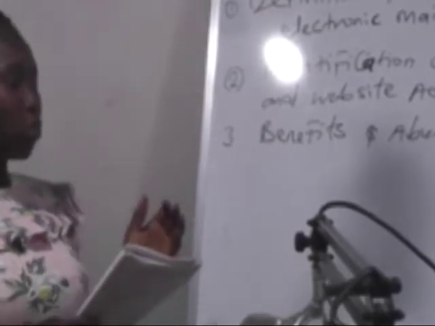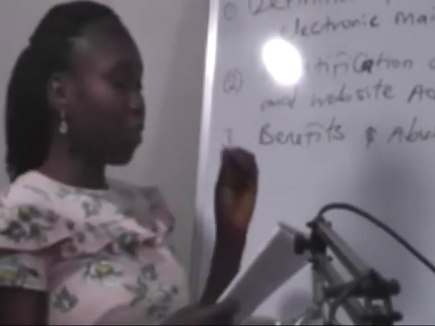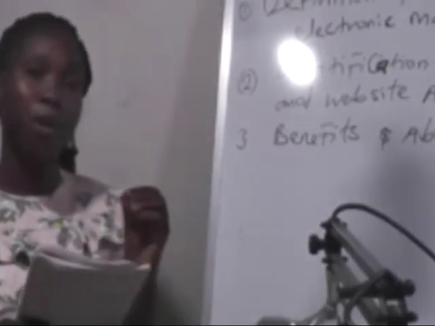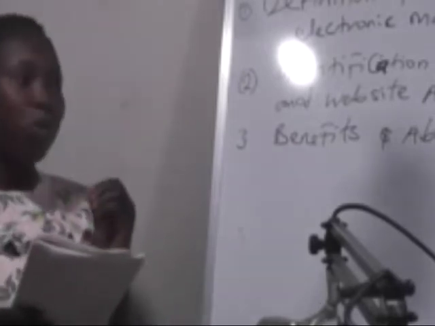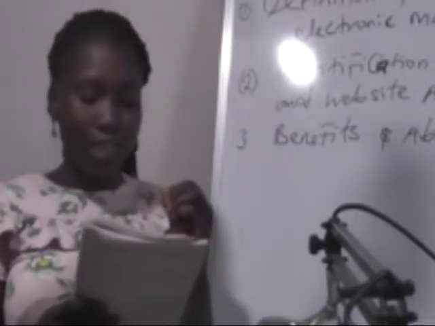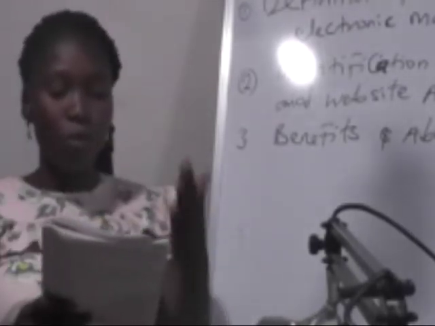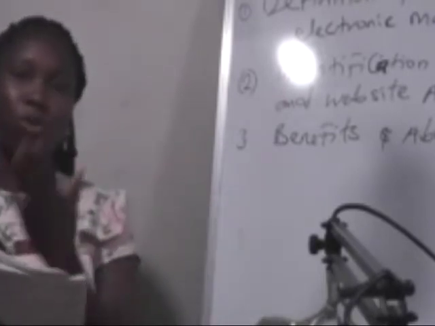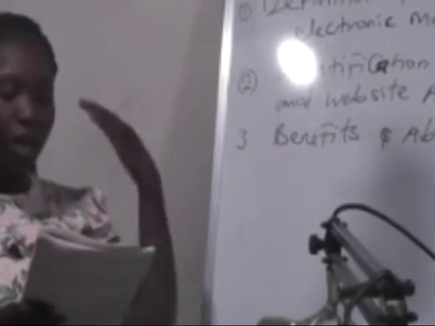Whenever you want to look for information online, there is a link you first type, which is http, then a double slash, and we attach www, followed by whatsoever you want to search for. That is how we make use of the website.